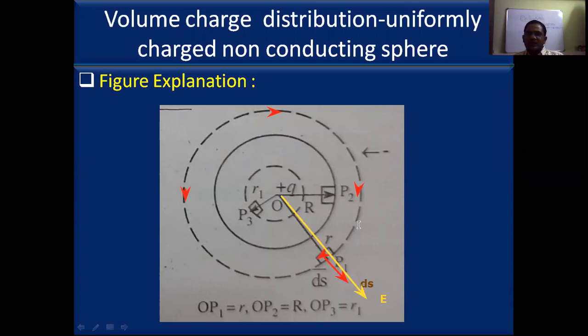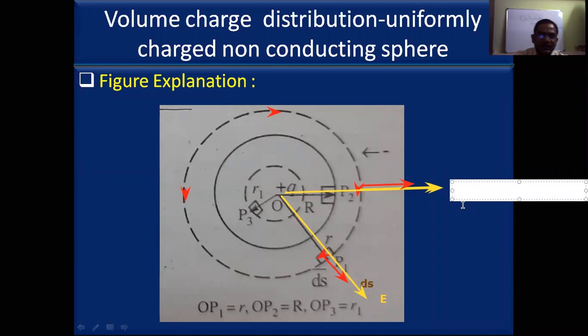If you want to show the same here, the direction of dS bar is this one, and this is the E bar direction. This is the direction of the small area element dS bar, and this is the capital E bar direction.